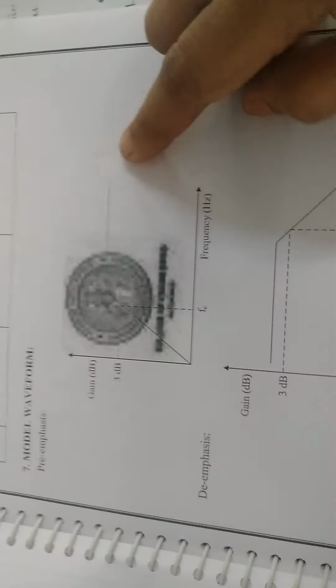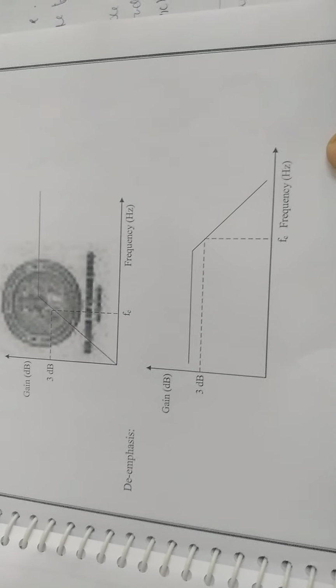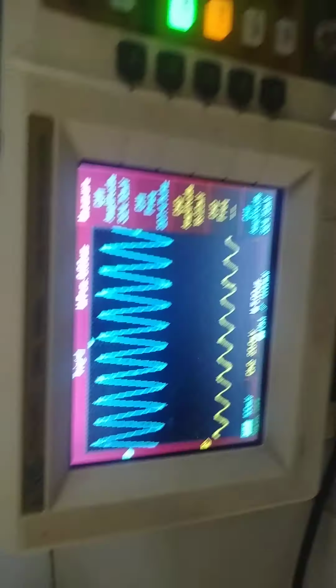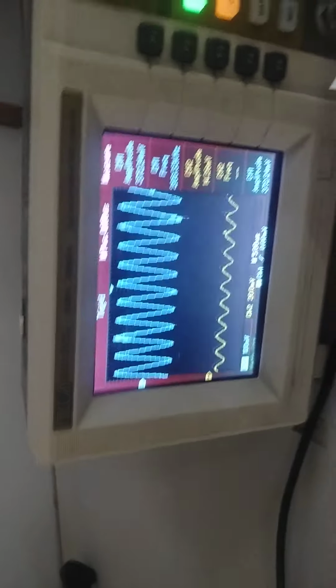With this process we have to draw the waveforms. This is the model graph for the pre-emphasis circuit and this is the model graph for the de-emphasis circuit. Okay, so tabulate the different input frequencies and note down the output voltage for different input frequencies.